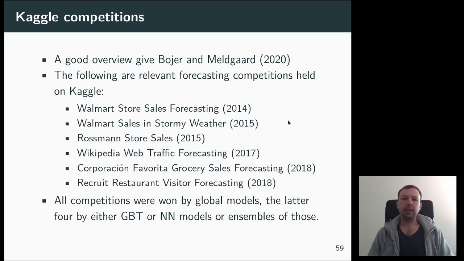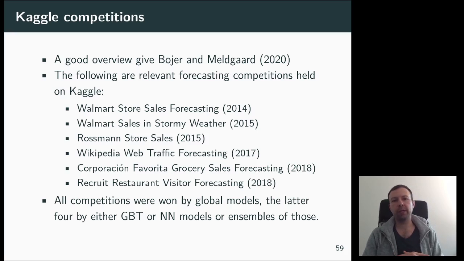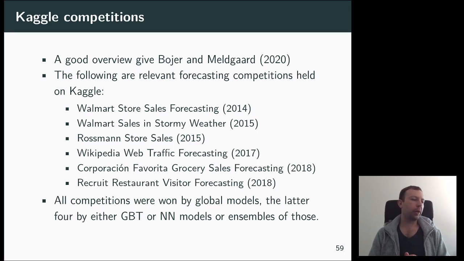And another important development to mention is Kaggle competitions. There is now a quite good overview paper from this year, 2020, but it has gone quite unnoticed in the forecasting community. But there were a couple of quite relevant forecasting competitions held on the Kaggle platform.